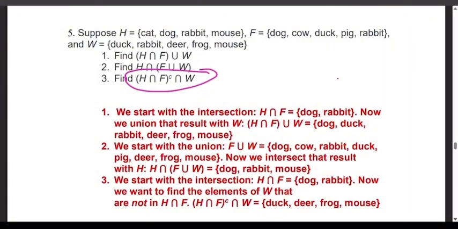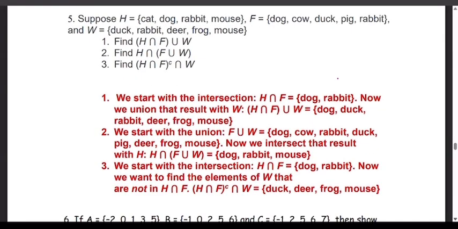So before I do the complement, I first do the H intersect F. I need you to pay attention now. The H intersect F is this guy here. So what is common between H and F? This is the H that I'm talking about.